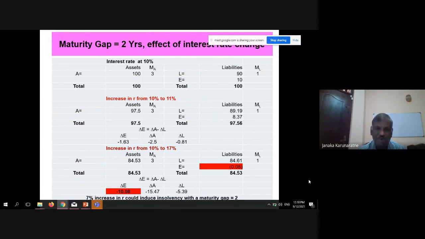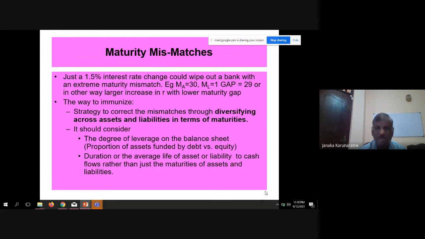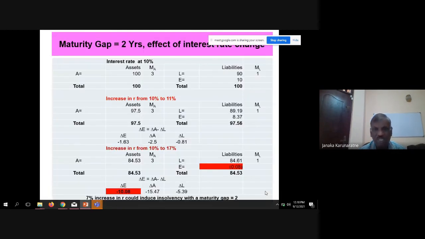Now this is what I say: a 7% increase in R could induce insolvency with a maturity gap of 2. Maturity gap of 2 only. Let me highlight one more thing. You know the situation of a smaller maturity gap, where interest rate increased from 10 to 17%.